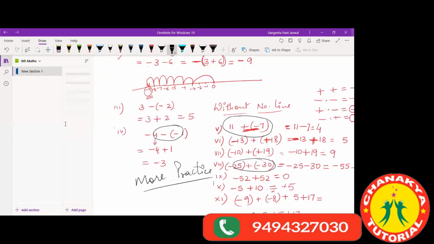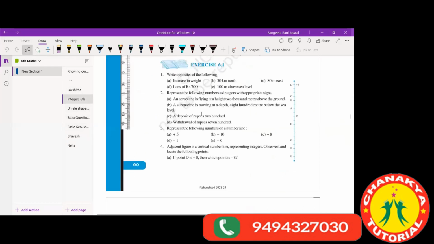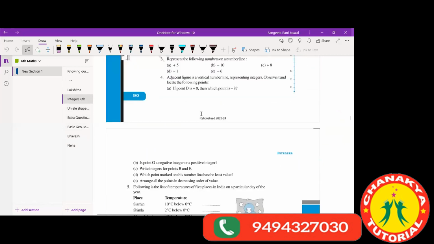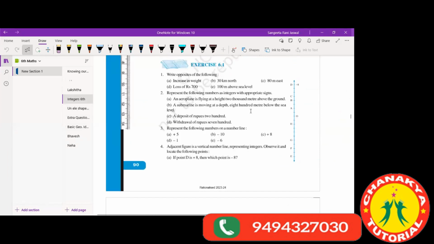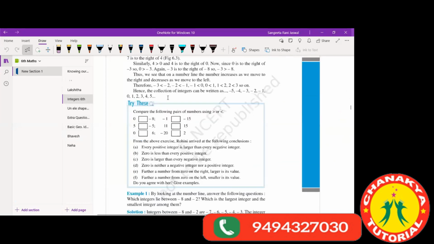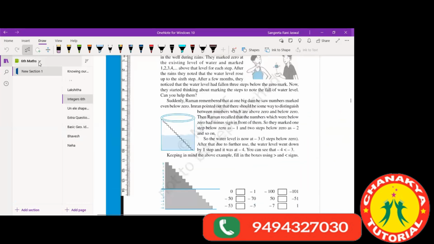So just now the chapter was here. Integers chapter I had opened. This is the integers chapter. So we will do from chapter questions also. Okay. So let's come to the chapter questions and we'll add on some extra questions in between.